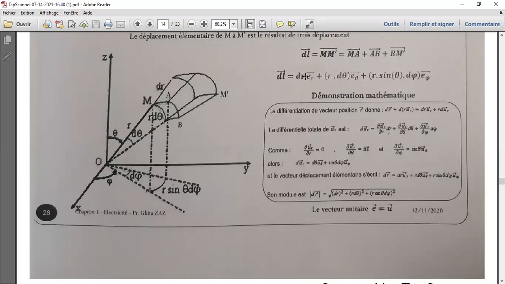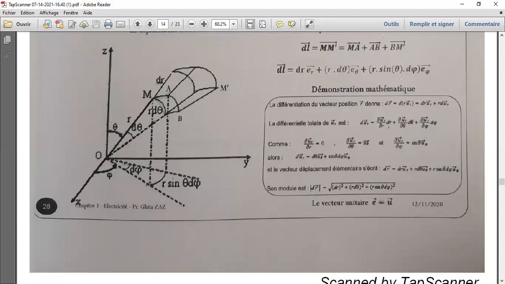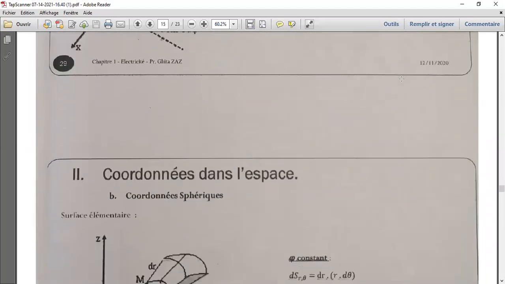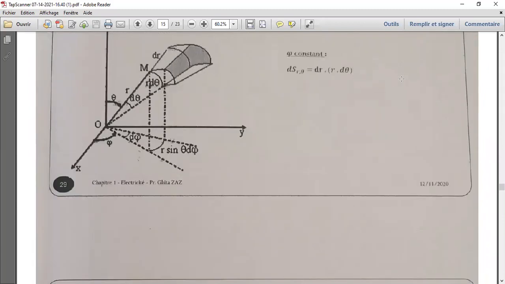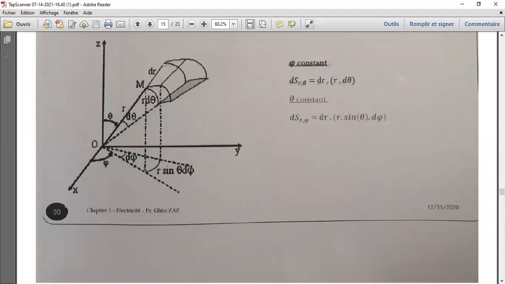So you only have dr times r sin theta d phi, which is the equation you have here. If theta is constant, you have dr times r sin theta d phi, because the r d theta is equal to what?